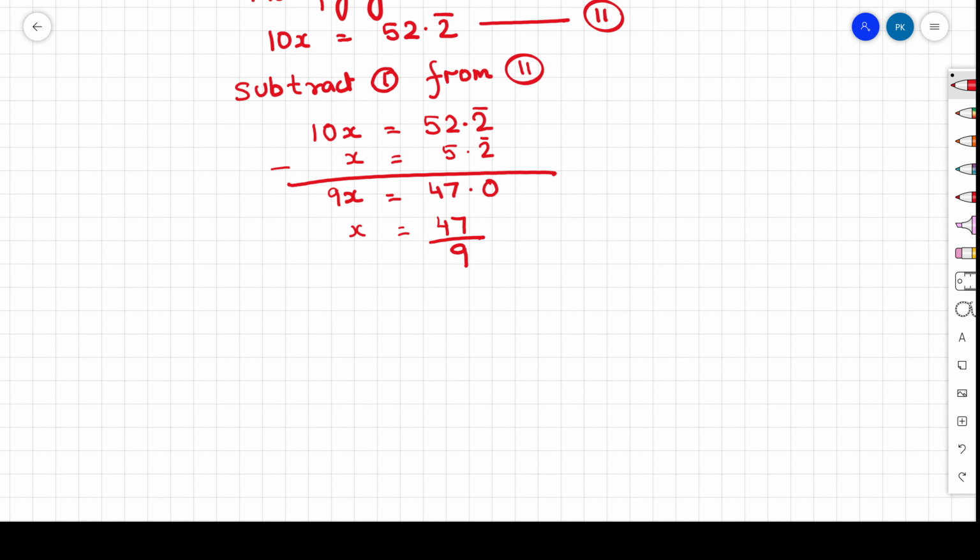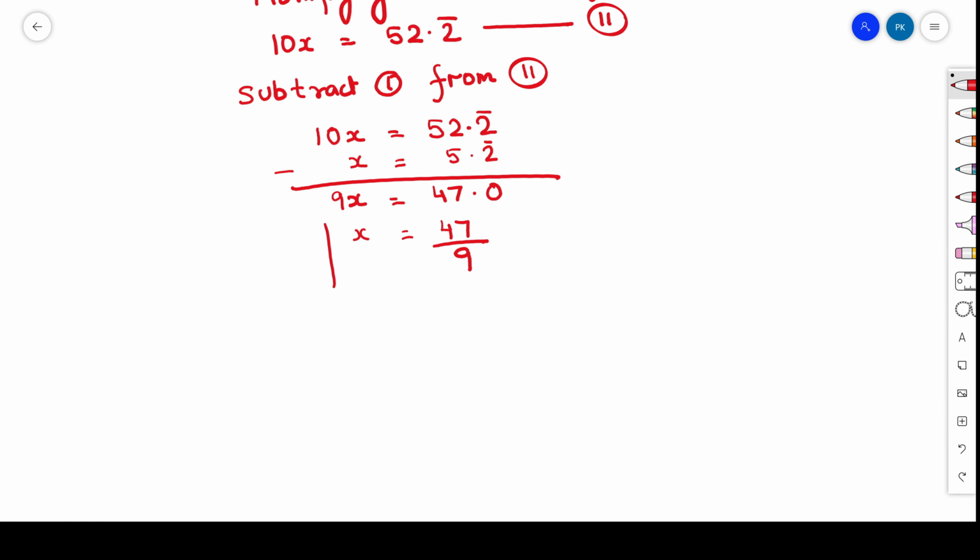So this is the way we usually do as per our books. At the same time, you can check whether your answer is correct by writing 5.2 bar, which we have discussed earlier, as 5 plus 2 by 9, and you will get 47 by 9, which means your answer is correct.